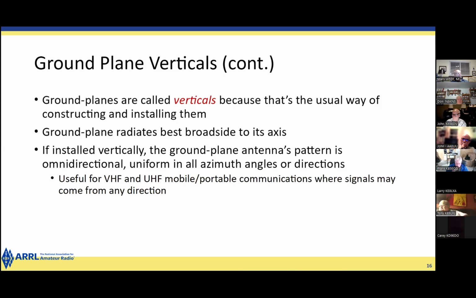The antenna pattern is omnidirectional and uniform in all directions. And it's useful for VHF and UHF, as well as HF.